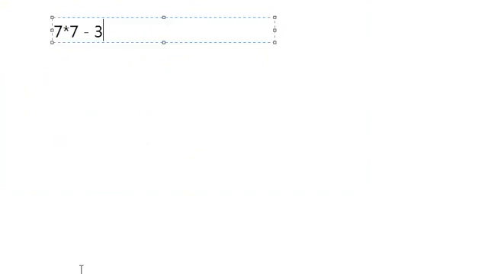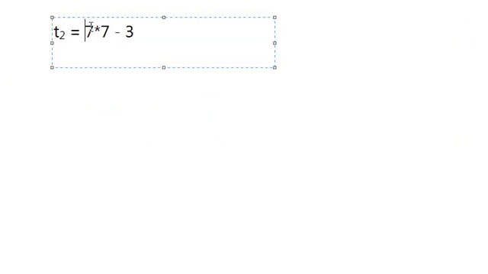If I'm not mistaken, yes, I am right. So this is term 2, T2, and so it is 49 minus 3, and so it is 46.